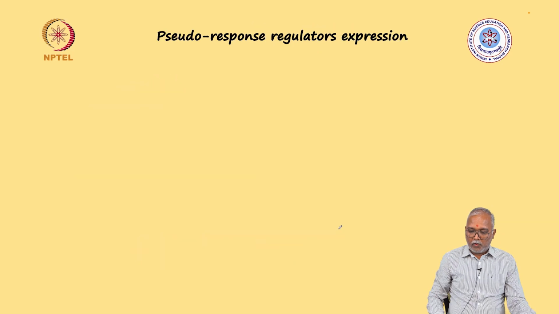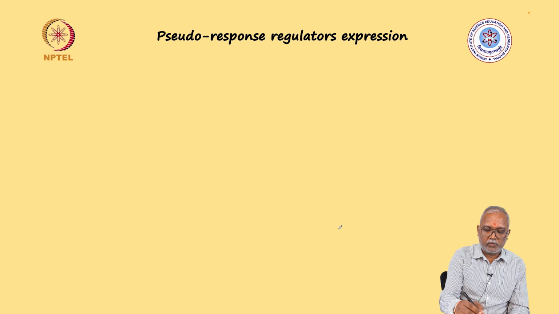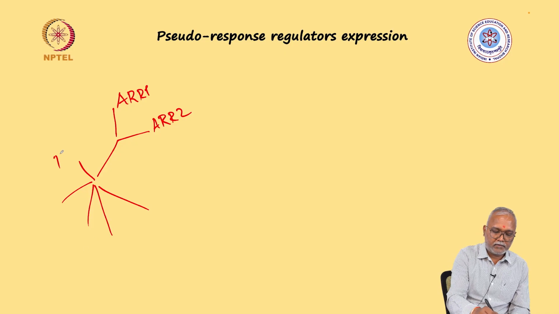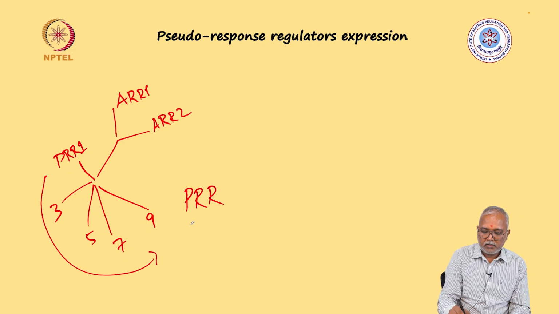If we see how these different response regulators are expressed and how they respond, so if I just simply show you the relation, authentic response regulators, if I say ARR1, ARR2, they are on one side of the branch, and then the other side has PRR 1, 3, 5, 7, 9. 5 of them, a PRR quintet, is known.